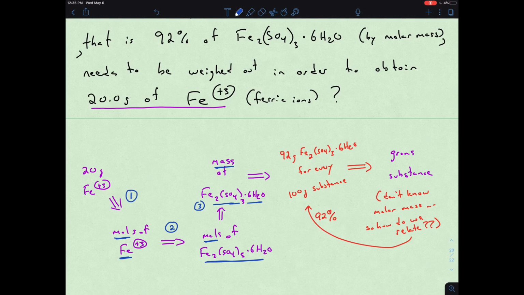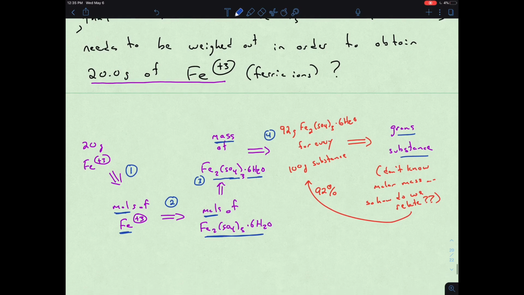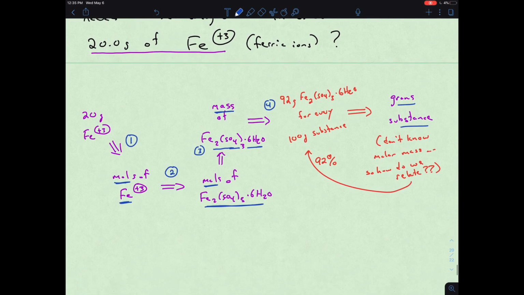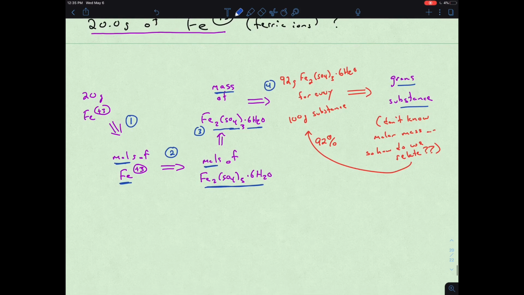And then finally, our last conversion gets us to the answer, which is our grams of the substance. So we have 4 conversions within this process. And we just want to be really careful with writing out everything with our dimensional analysis, because we're going between elements or ions in this case and molecules, and then between molecules and a substance.